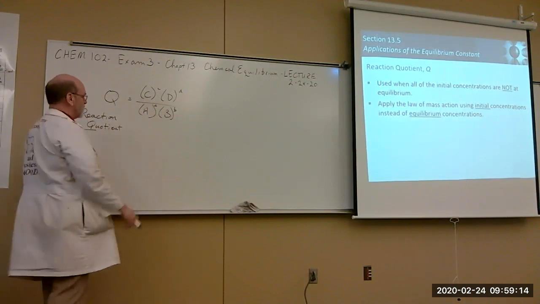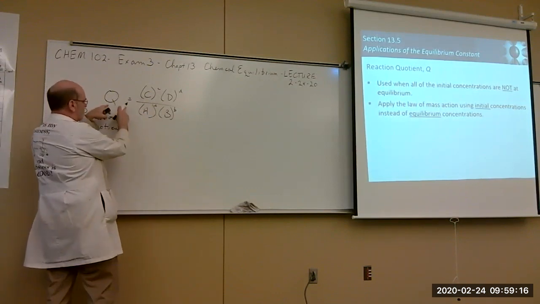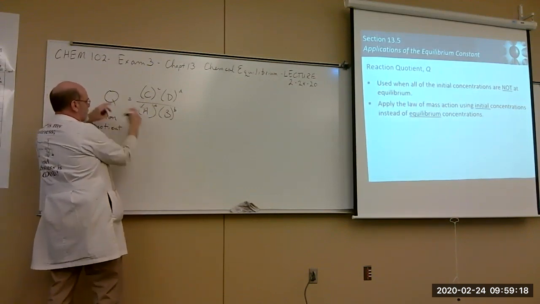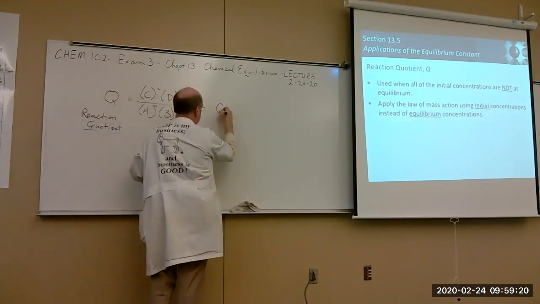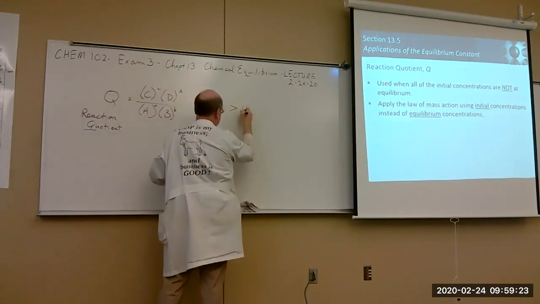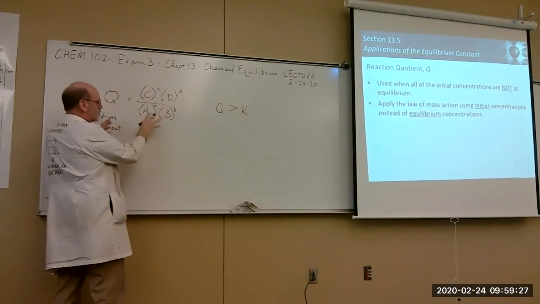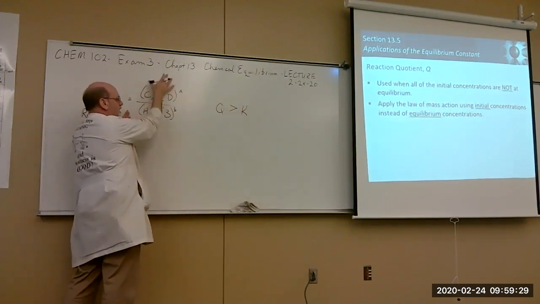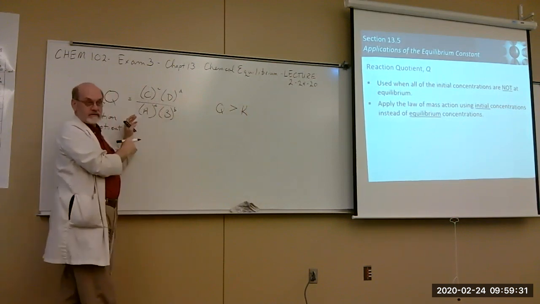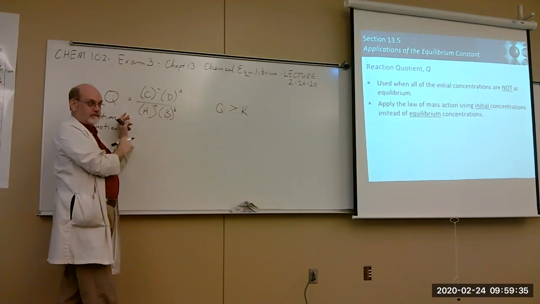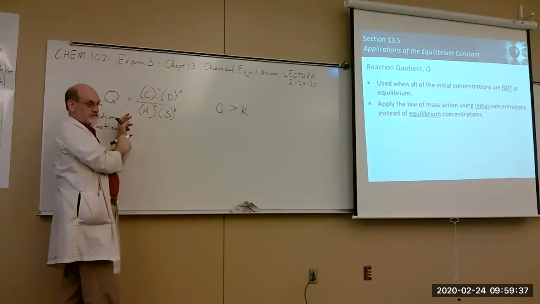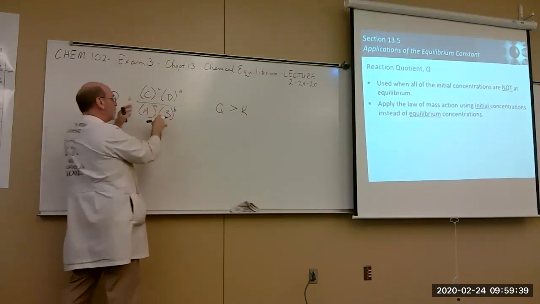Okay? So if Q is greater than K, what does that mean? If Q is greater than K, that means we have more of this and less of that. More product. If it were K, it'd be a certain value.